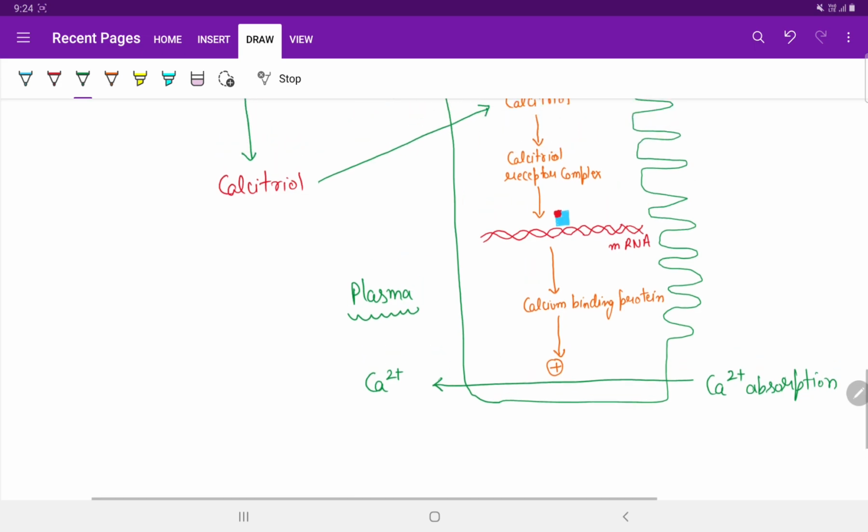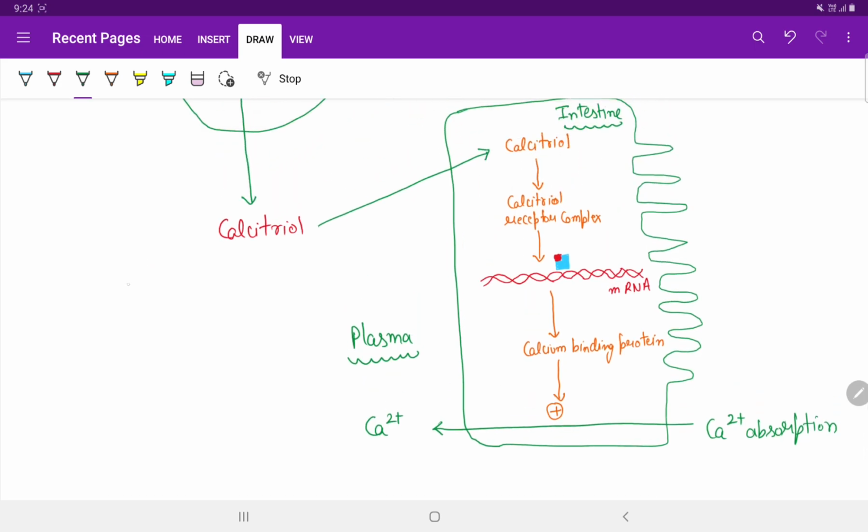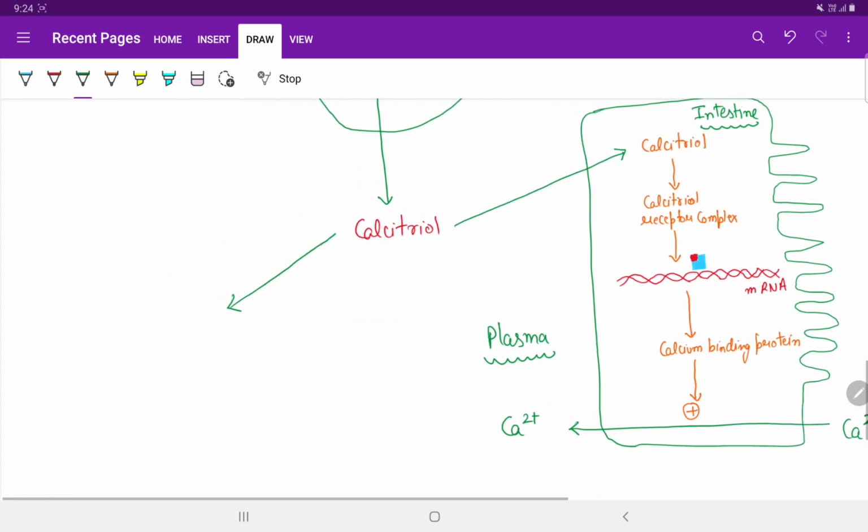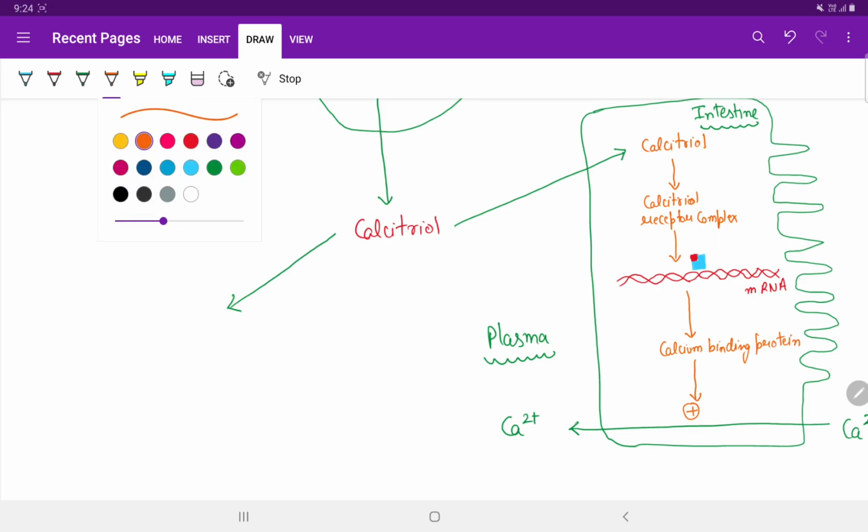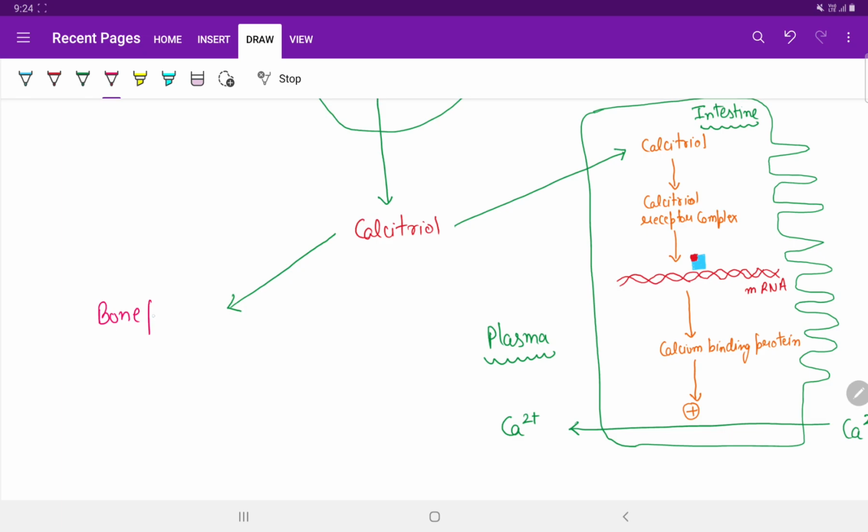So now the calcitriol is also absorbed in the bone. So this leads to formation of bones and calcification of bone structure. So bone formation occurs and leads to the calcification or the turnover.